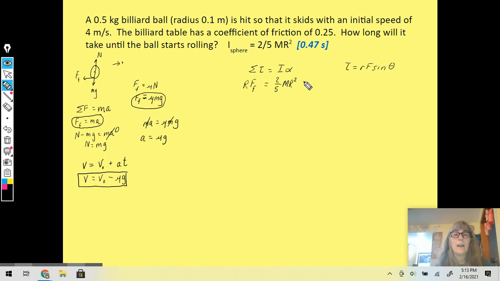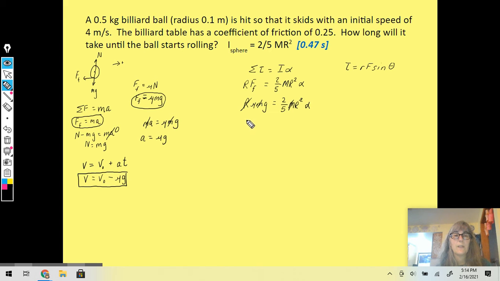And then usually I would do a over R, but I need alpha, so I'm going to leave alpha in there. Now I'm going to cancel whatever I can cancel. So R times the frictional force, but friction is mu mg, equals 2/5 mr squared alpha. That means that our m is going to cancel, and one of our r's is going to cancel.